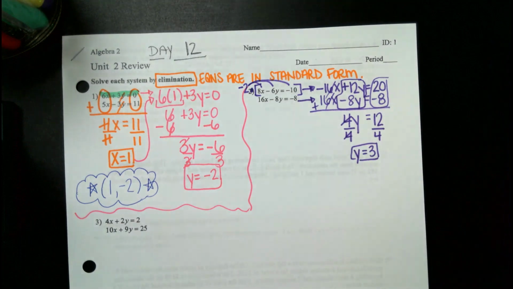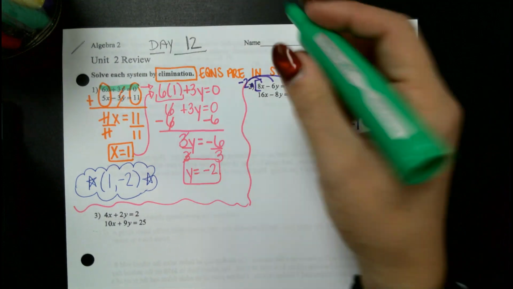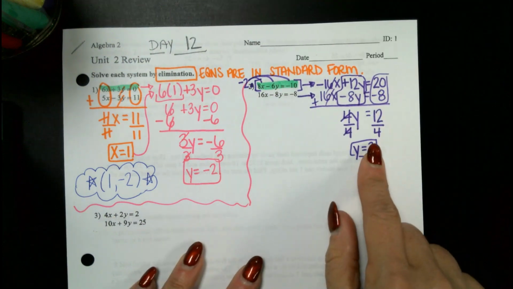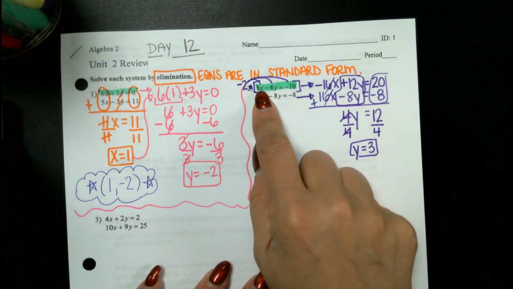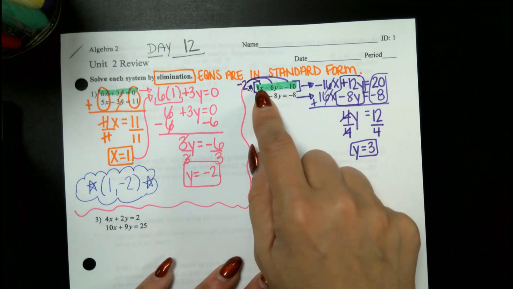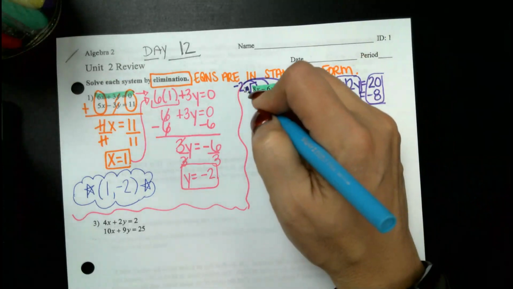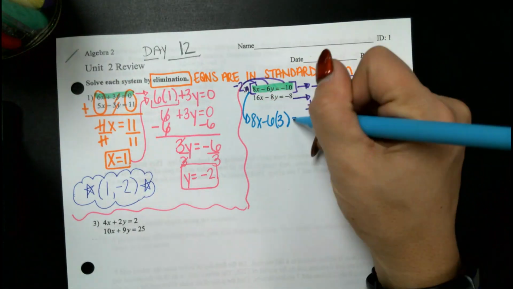So now that we have one answer, again, I'm going to take 3 and I'm going to plug it into my top equation. However, that was y this time. So when you plug it in, do not put it next to that 8. You would have to put it in next to that negative 6. So I'm going to work that out over here. So I'd have 8x minus 6 times 3, and this equals negative 10.